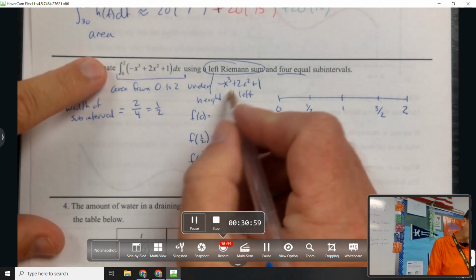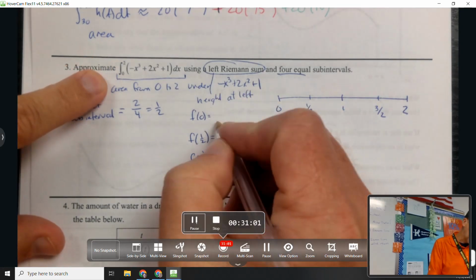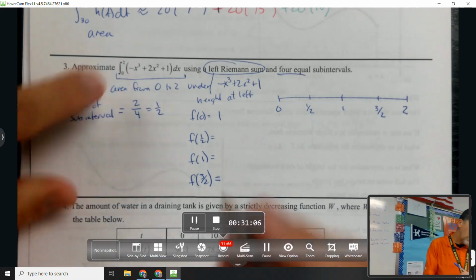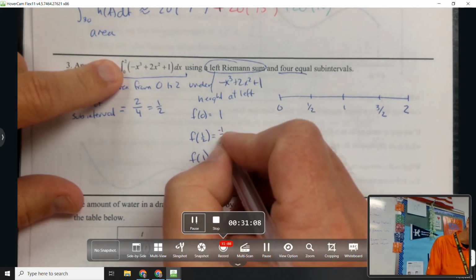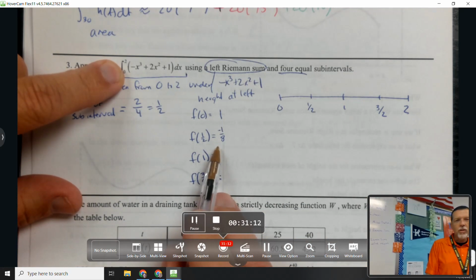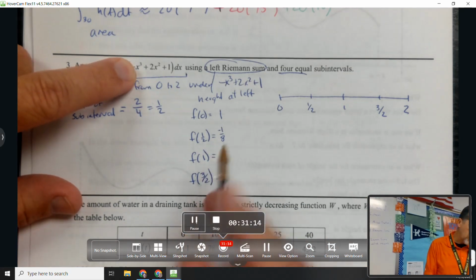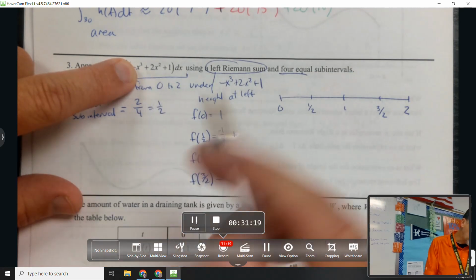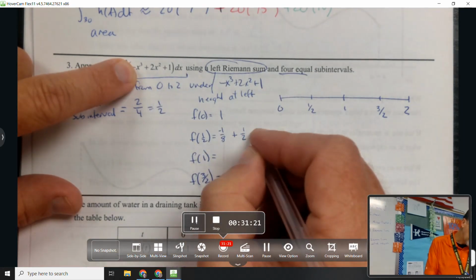Okay, so let's plug in 0. That's an easy one. Get 1. If I plug in 1/2, this is kind of annoying. Hope your algebra is quick and good. 1/2 cubed is 1/8 with a negative on there. Plus 2 times a fourth would be 1/2, plus 1.